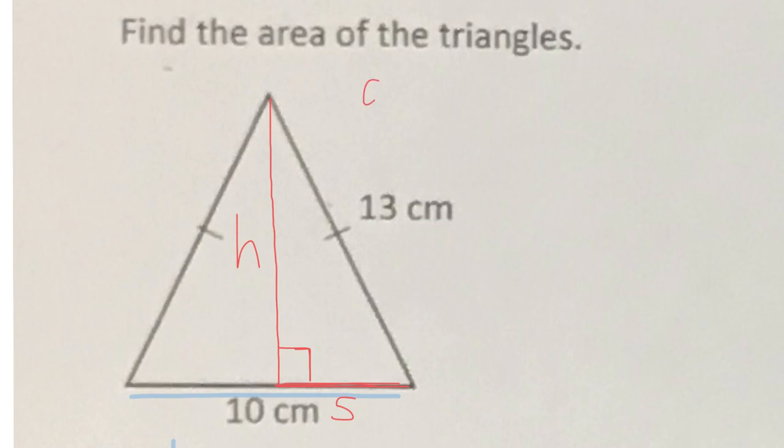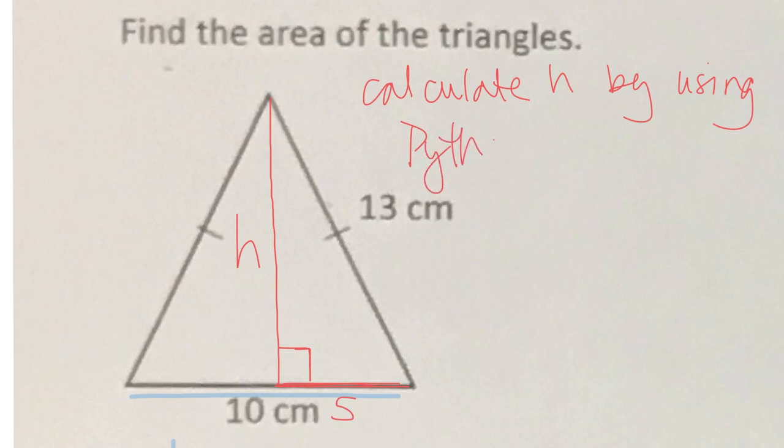Okay, so we can calculate the h by using the Pythagorean theorem. So what would that look like? 5 squared plus h squared equals 13 squared.